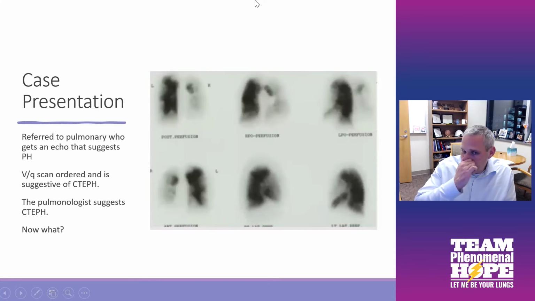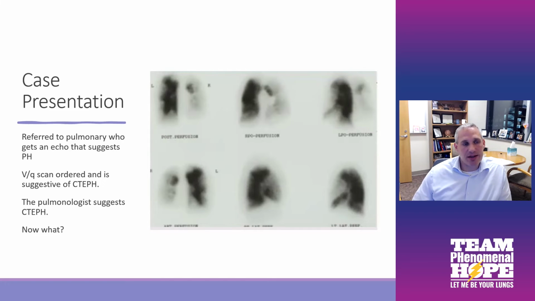So this patient gets referred to a pulmonologist who gets an echo that suggests pulmonary hypertension. And in any patient that's diagnosed with pulmonary hypertension, they need a right heart catheterization at some point to figure out what kind of pulmonary hypertension they have. And in patients with what we call pre-capillary pulmonary hypertension, meaning some issue with the blood vessels, they should be evaluated to see if there's evidence of chronic thromboembolic pulmonary hypertension.